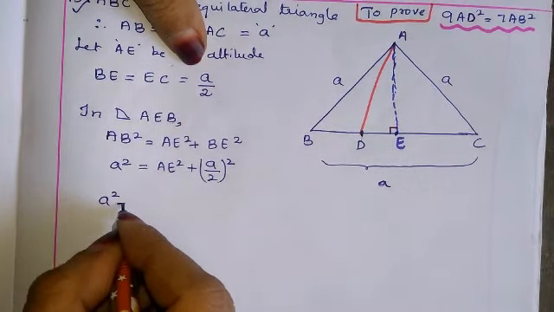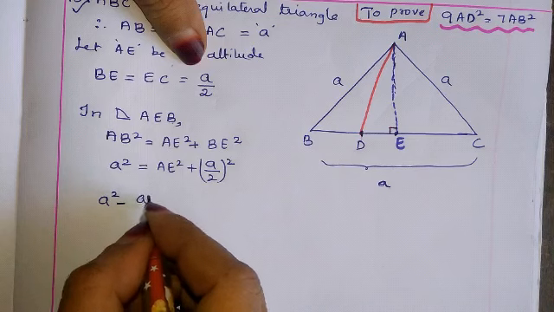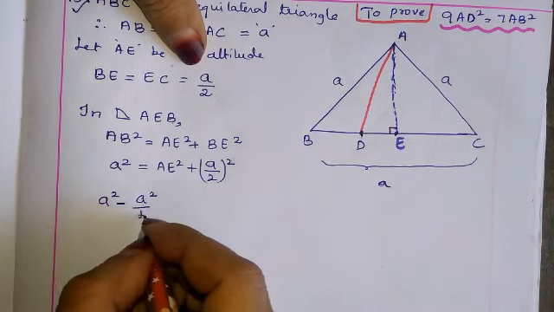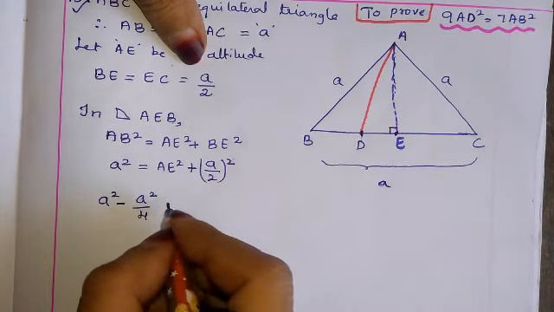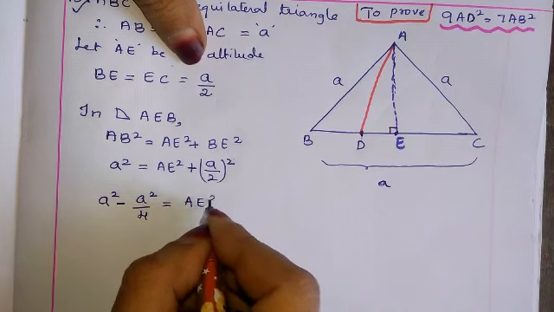a square minus a square by 4, bringing this side over, it becomes minus, leaving AE square.